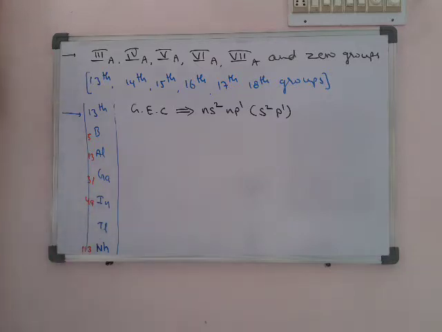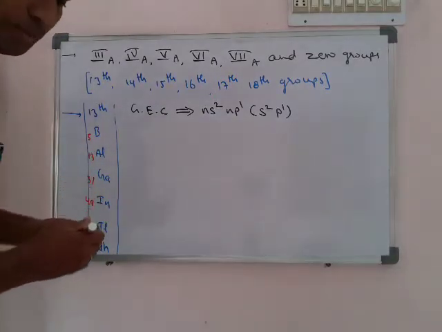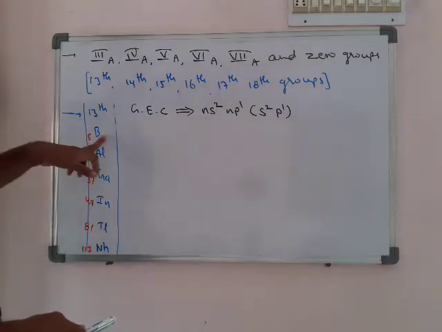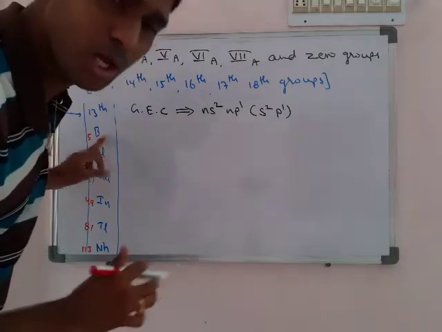Next add 32, so on this we will get 81. So this is about the 13th group elements. It is also known as the boron family. The first element is boron, but it is also treated as the boron family.